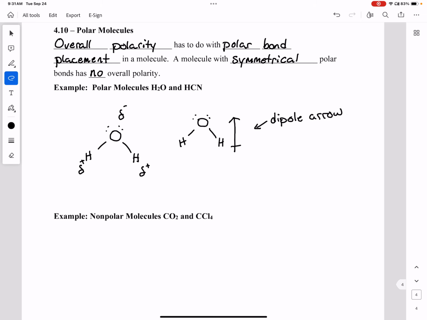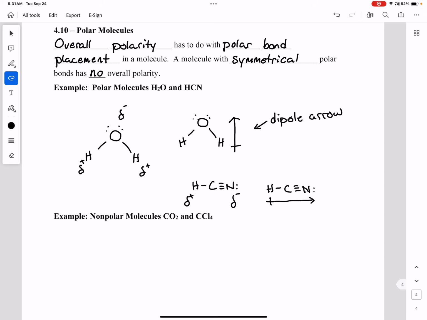That just says the overall dipole goes towards that negative side. HCN is a linear molecule, and hydrogen is the least electronegative, so it's slightly positive on that side. Nitrogen is the most electronegative, it's slightly negative. And if I want to draw that with a dipole arrow, I would just have that pointing towards the nitrogen, just like that.